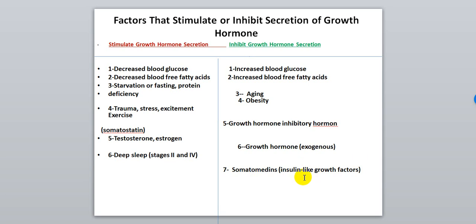Somatomedins, IGF factors: if there is lots of this factor in the blood, that means no need for secretion of growth hormone from the pituitary gland.